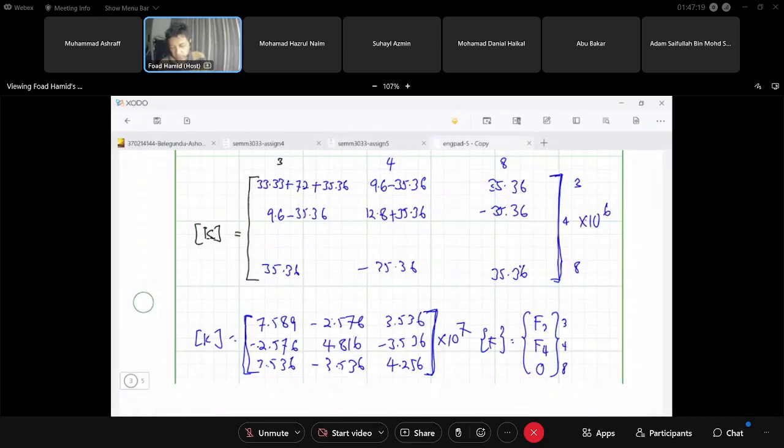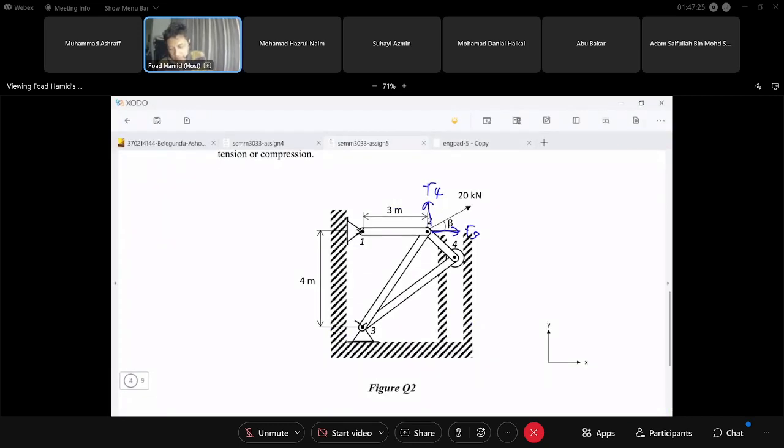Okay. So what is F3? F3 is just 20 kilonewton cos beta, right? Cos beta. And F4 is just 20 kilonewton sine beta.